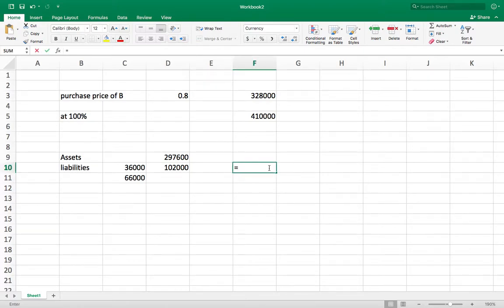Assets minus liabilities is equal to 195,600.